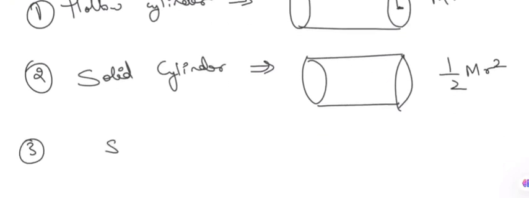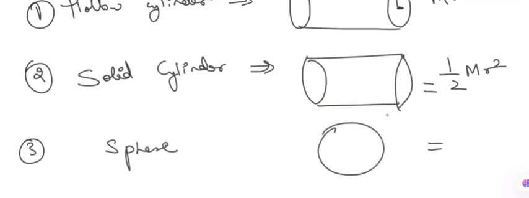Suppose I am having a sphere like this, so it will be 2 by 3 m r square. This one is for hollow.